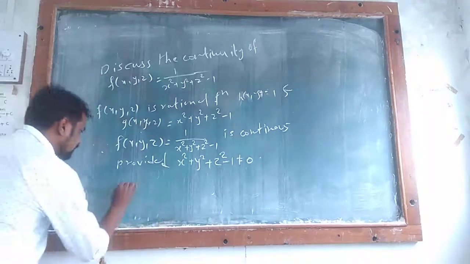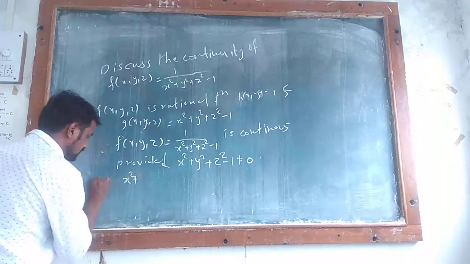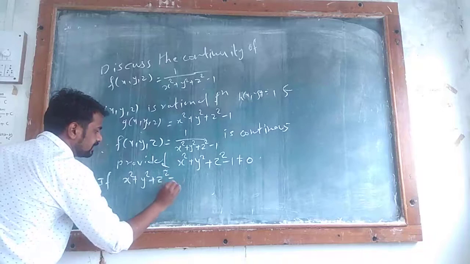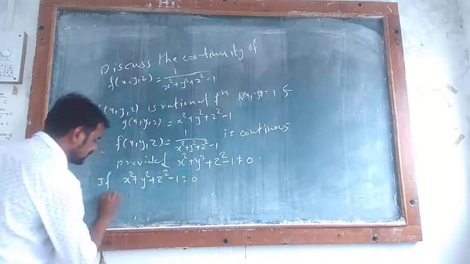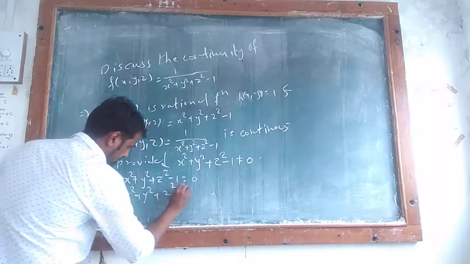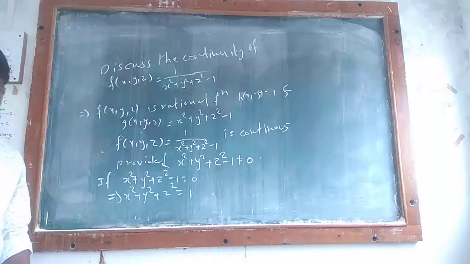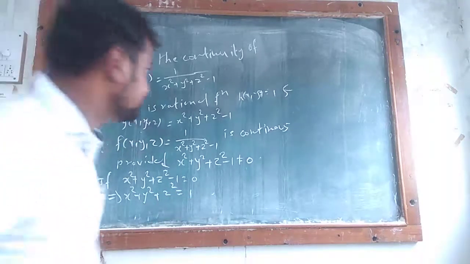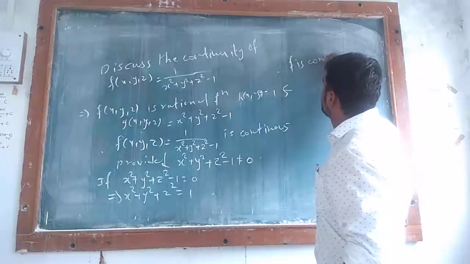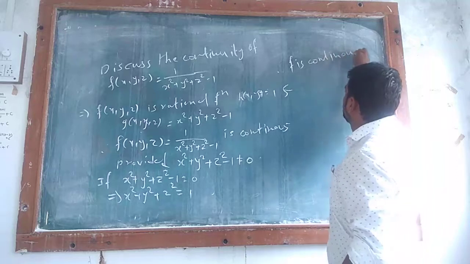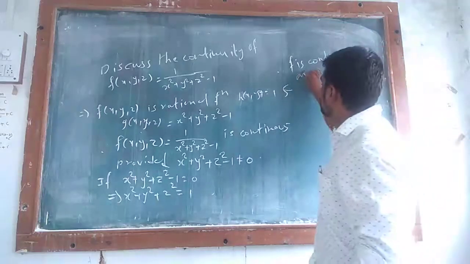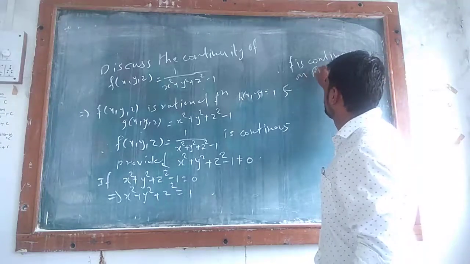If it is equal to 0, x square plus y square plus z square minus 1 is equal to 0, then this implies x square plus y square plus z square is equal to 1. Therefore f is continuous.